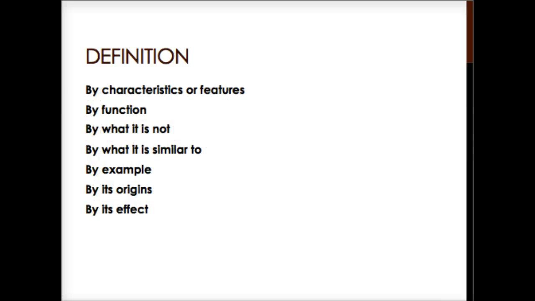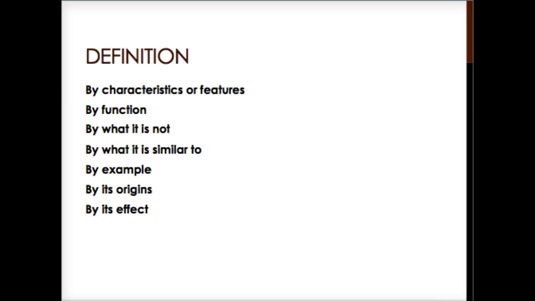So below are some common methods of definition by characteristics or features. Scientific definitions typically rely on this type of definition: physical features as well as behaviors, as an animal or cell behavior, may be a part of this type of definition. The next is by function.